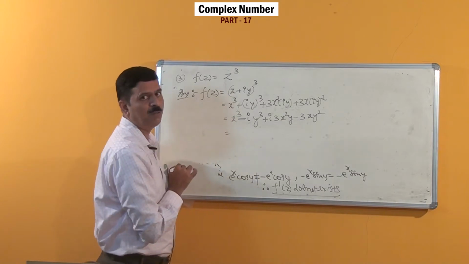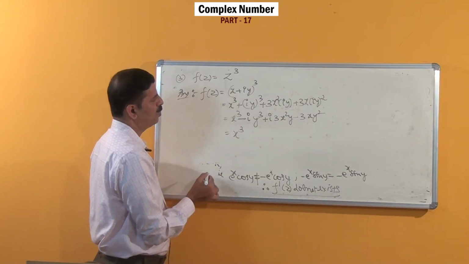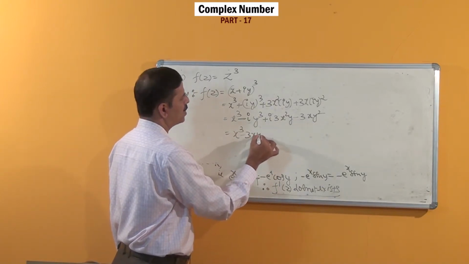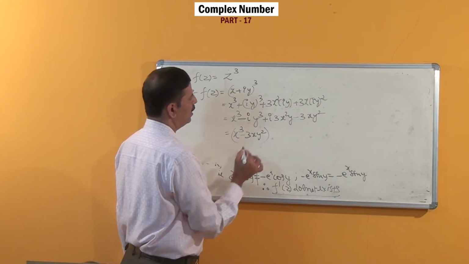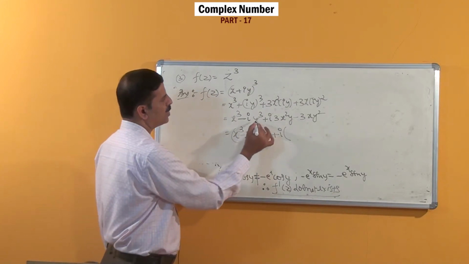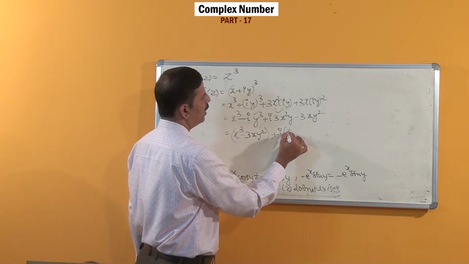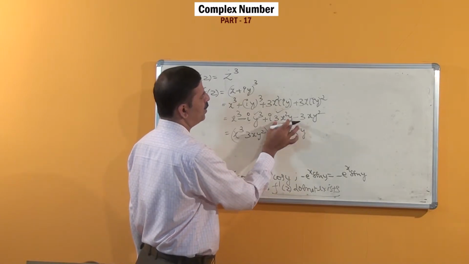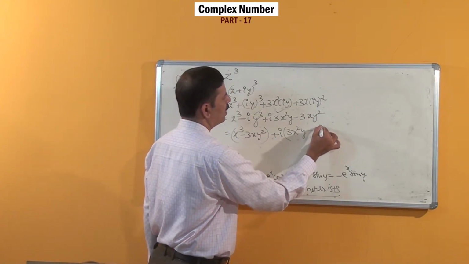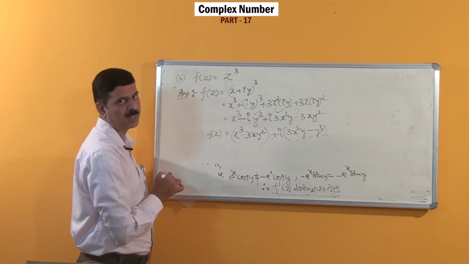Writing in neat form u plus iv, the real term is x cube minus 3xy square. Collect and write again plus i times the imaginary term, positive term first: 3x square y minus y cube. So this is f of z in this case.